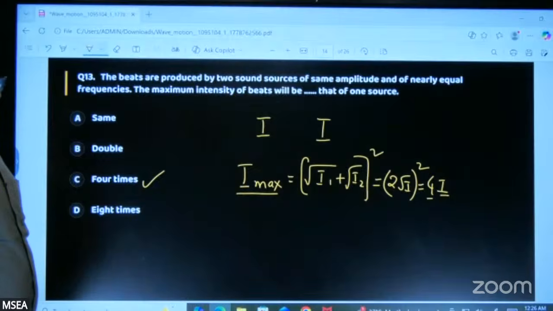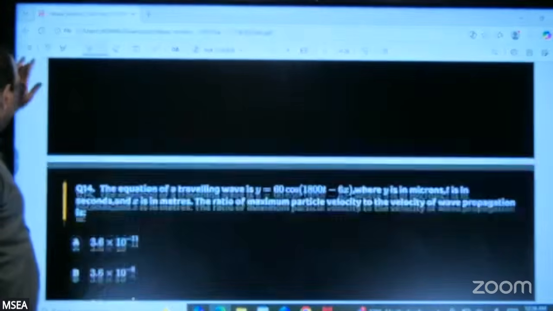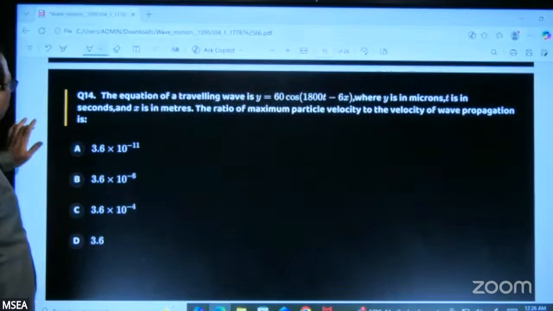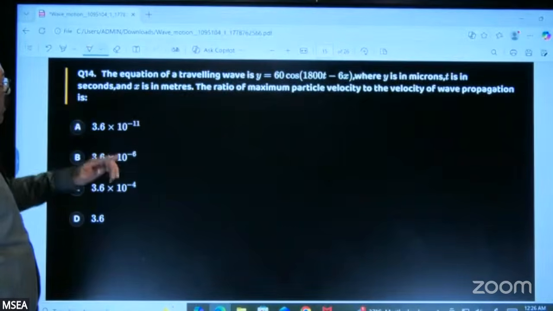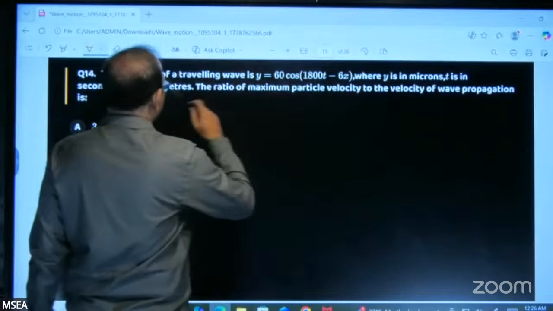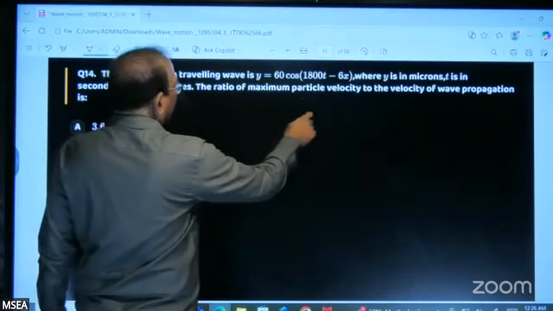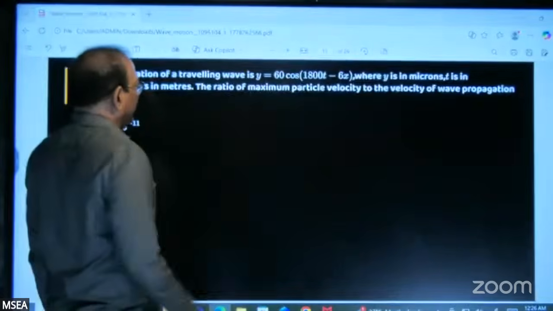Okay, next. The equation of a traveling wave, the progressive wave equation, is given. Find the ratio of the maximum particle velocity to the velocity of wave propagation.